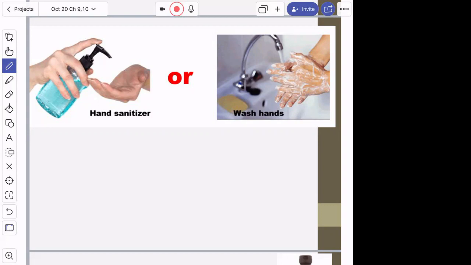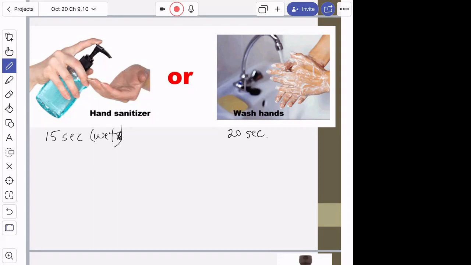Well, if you're going to use both of them correctly, you're going to use enough hand sanitizer to keep your hands moist for about 15 seconds for it to do its work. And if you're going to wash your hands, they say you should lather up and scrub for about 20 seconds. It's probably a little longer than what I'm used to doing. So maybe I could do a better job at washing my hands.